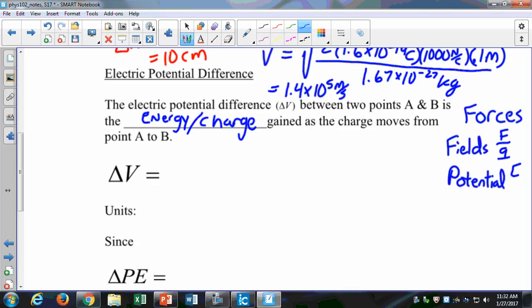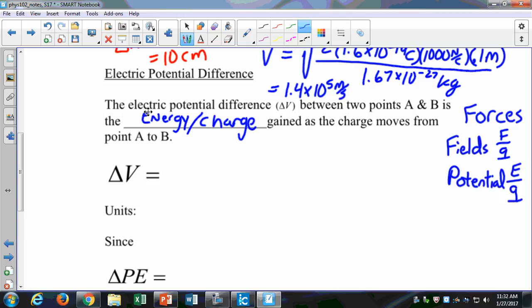This is not a force per unit charge, but it is an energy per unit charge. So we progress from forces to fields to potential. Also in this chapter we'll talk about potential energy, which is just the energy of a collection of particles. So we have a lot of similar things floating around, and they're all very related, but if you keep this progression in your mind, it'll help you keep them separated as we face the exam on Monday.